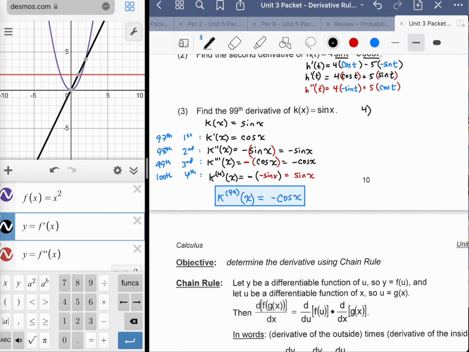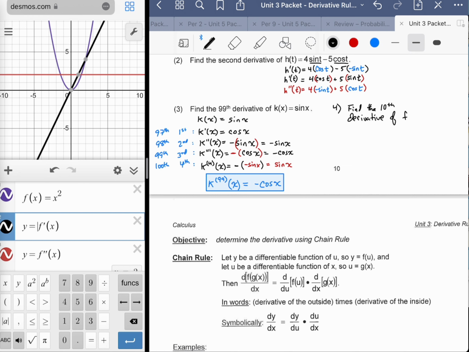It would be, unless I jazz it up a little bit by saying, I'll keep it a little simpler, find the 10th derivative of f of x equals e to the 2x. Because if it was e to the x, then every derivative would be e to the x, whether it was the first or the 4,000th.